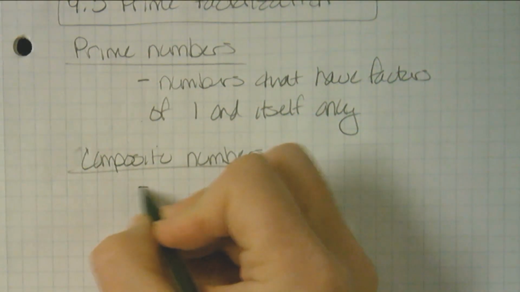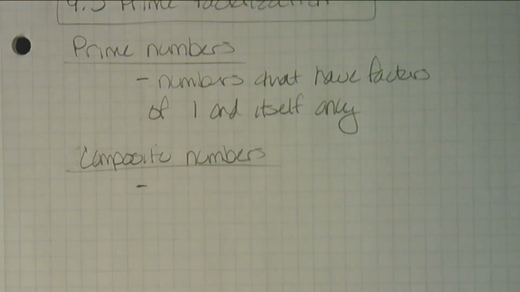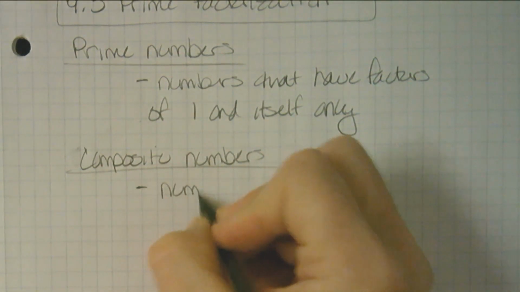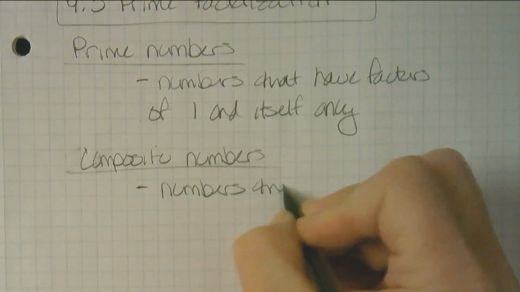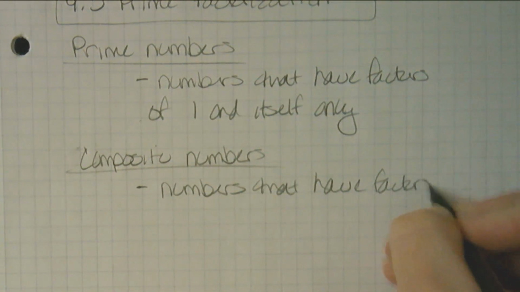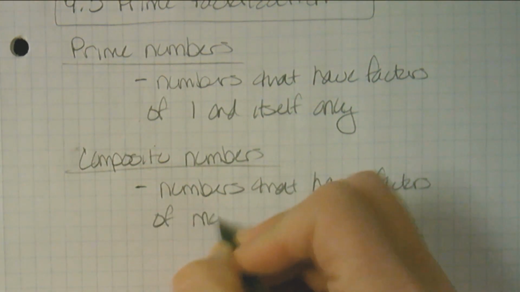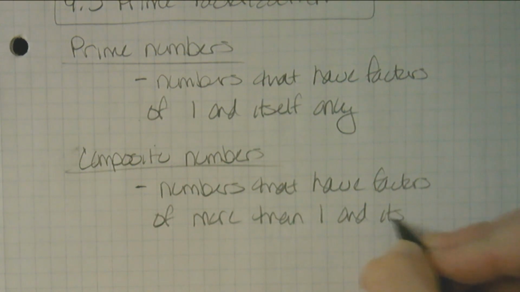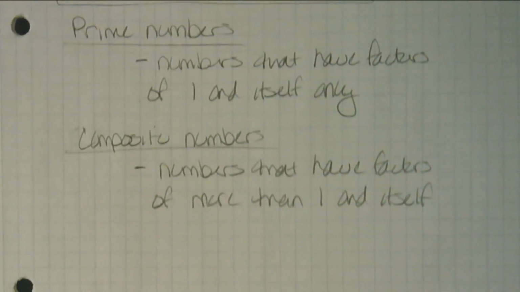If prime means that they have factors of only 1 and itself, Mateo, what does composite mean? Excellent. So these are numbers that have factors of more than 1 and itself.